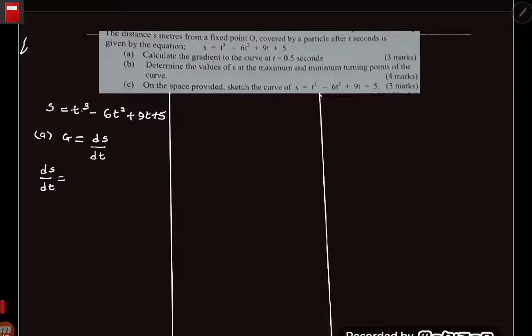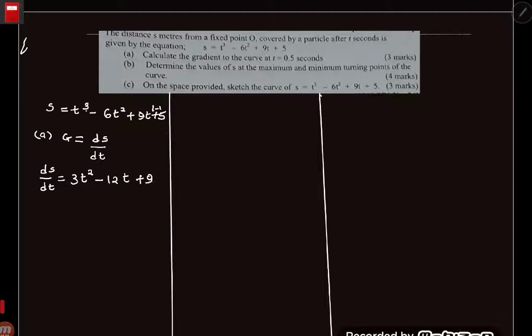when we differentiate, we have 3 times 1 is equal to 3t. 3 minus 1, 2, minus 2 times 6 is 12t. 2 minus 1 is 1, plus 9t is raised to power 1. 1 times 9 is 9. T is now raised to power 1 minus 1, which is 0.